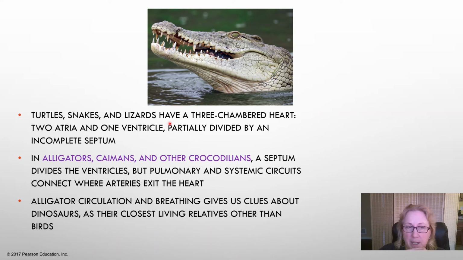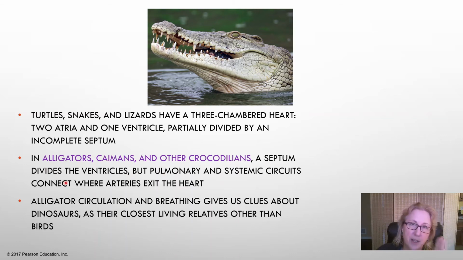So reptiles also have a 3-chambered heart with 2 atria and 1 ventricle, and it is divided a little bit better than the amphibian heart. They actually have an incomplete septum, so a septum is a wall in the middle of the ventricle, but there's still a hole that allows the blood to mix a little bit, so that's still an inefficiency in the system. Now, if you remember, alligators and crocodiles, they're all crocodilians, they have a complete septum.